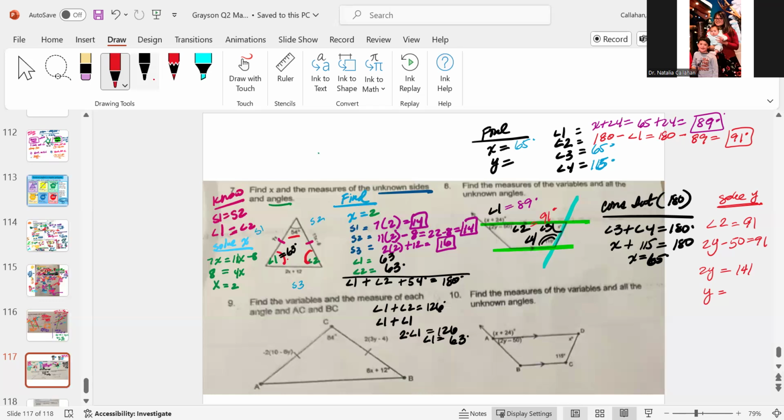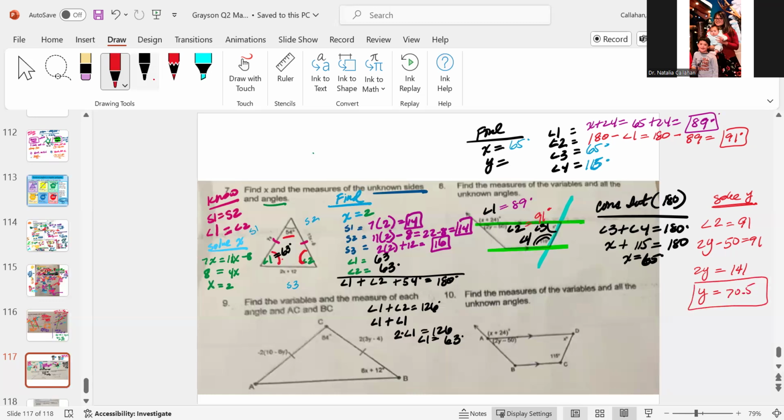Is that 2y minus 50? I don't know if that's correct. That's what I have, so if you don't like it, then sorry.